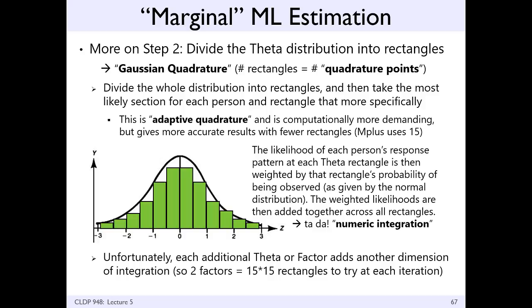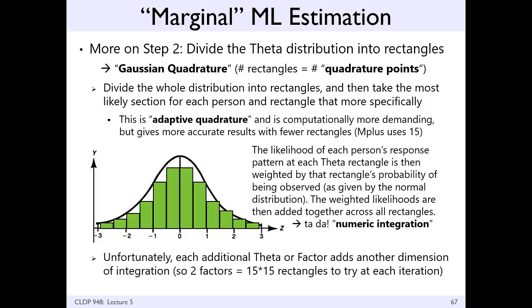So it goes through twice, which is why it's known as adaptive. So marginal maximum likelihood, full information maximum likelihood via numeric integration or via adaptive Gaussian quadrature. All of those words go together to describe this idea of trying on thetas.